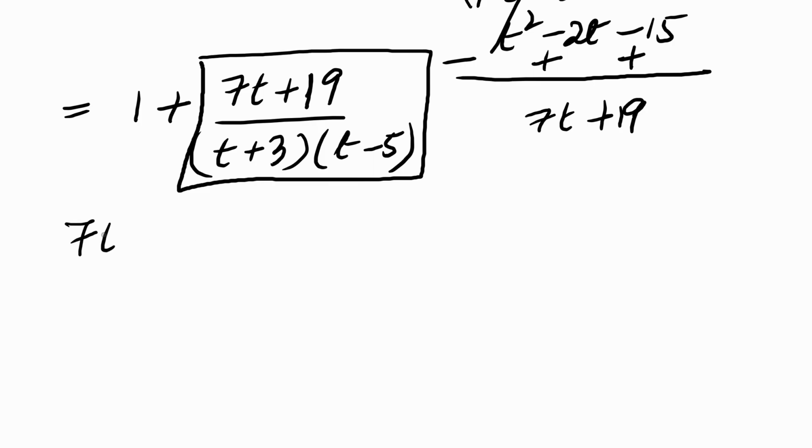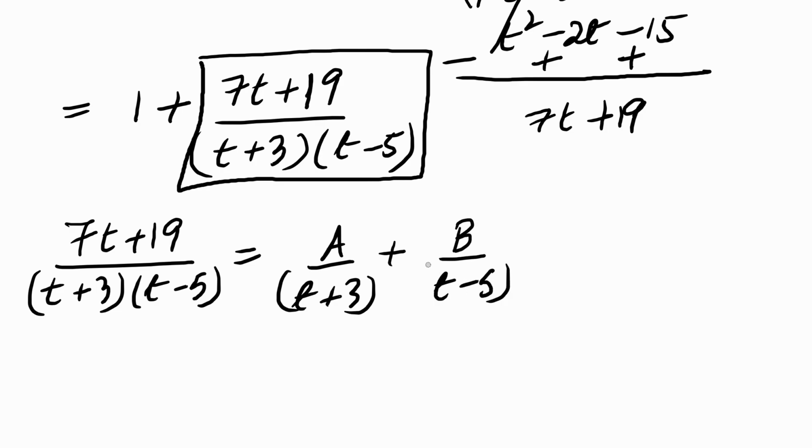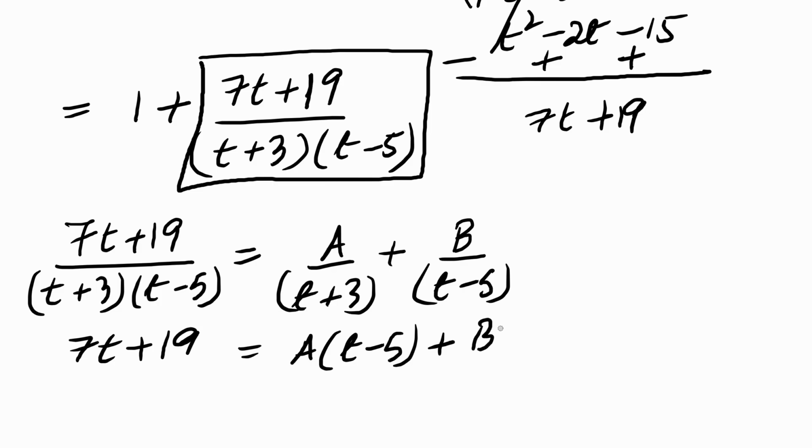So I will do (7t plus 19) upon (t plus 3)(t minus 5). I can write it as A upon t plus 3 plus B upon t minus 5. This I will write as 7t plus 19 is equal to A(t minus 5) plus B(t plus 3).